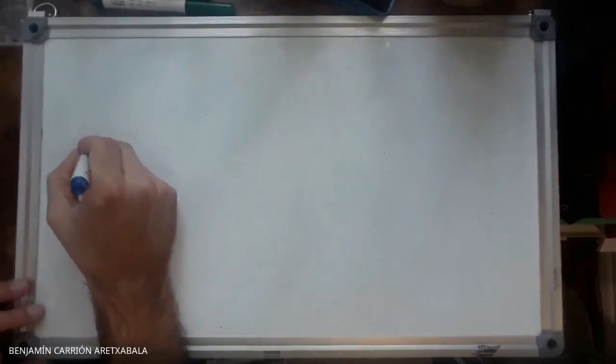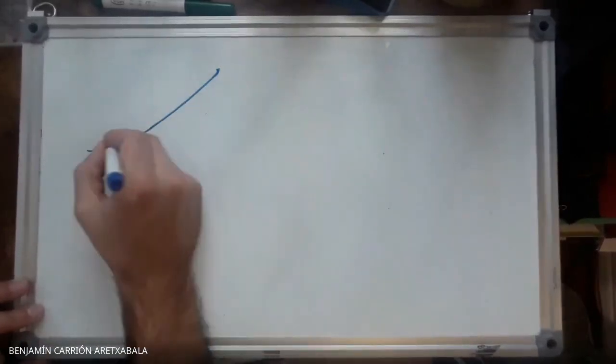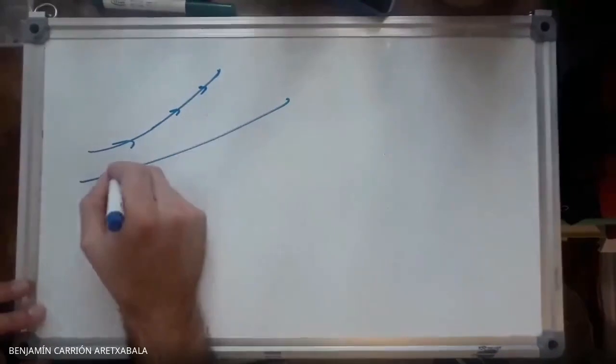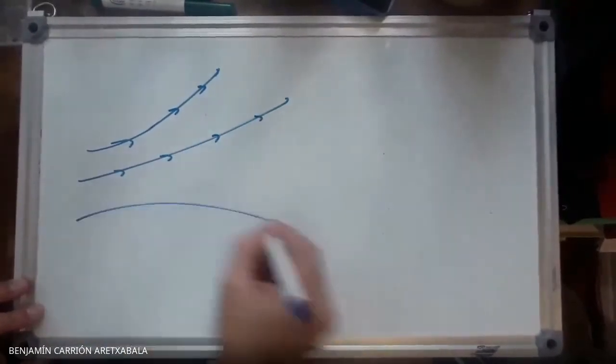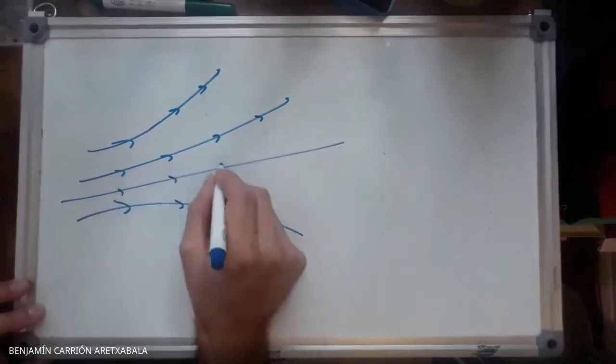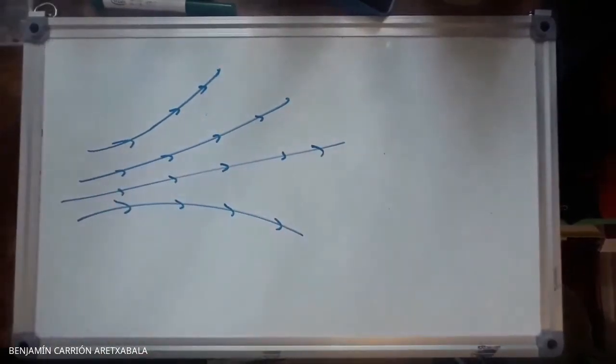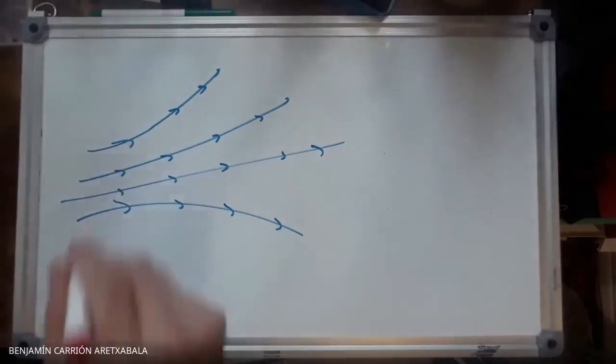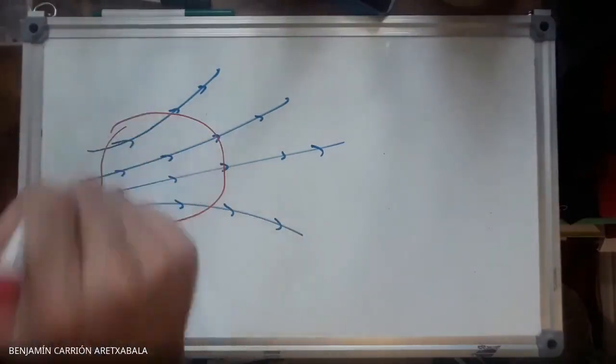Okay, so now try to follow. This is the same that you can see on the slides, but I think it's better if we just explain it. So let's assume you have a certain velocity field described by some streamlines. All right, and you have a certain control volume, which I'm going to draw schematically here.